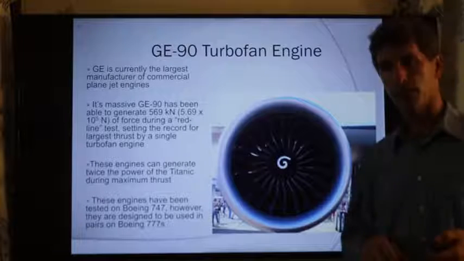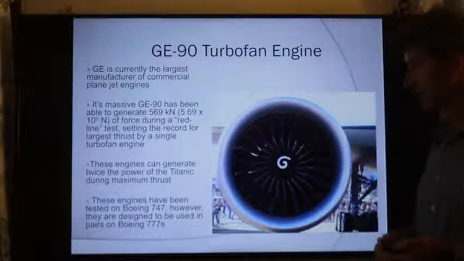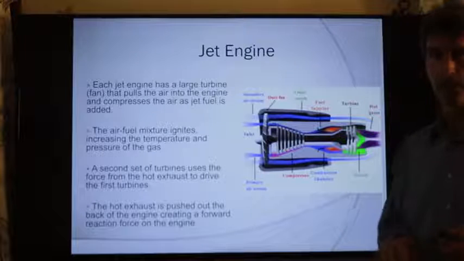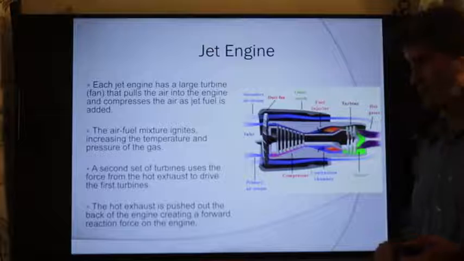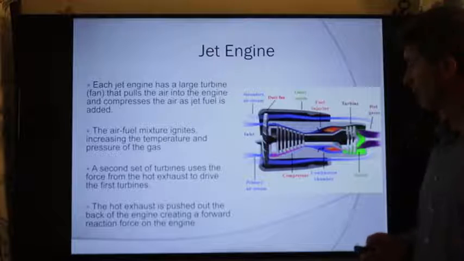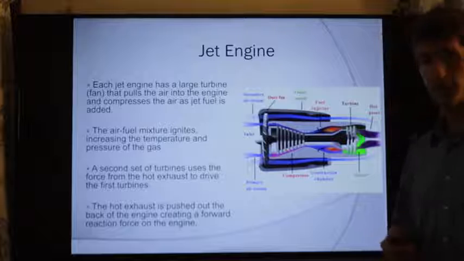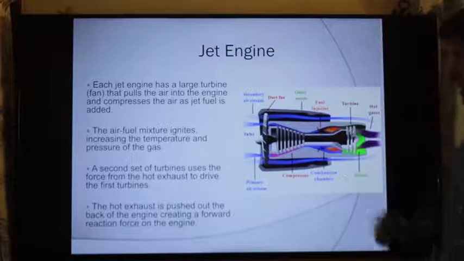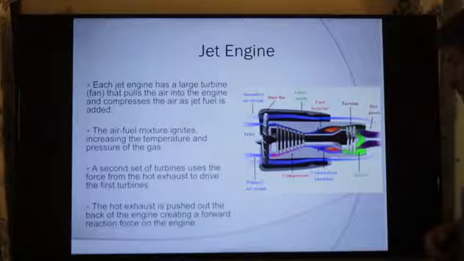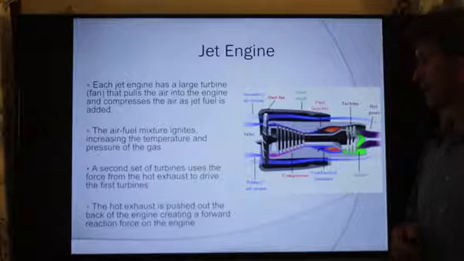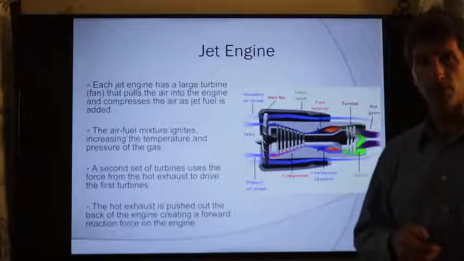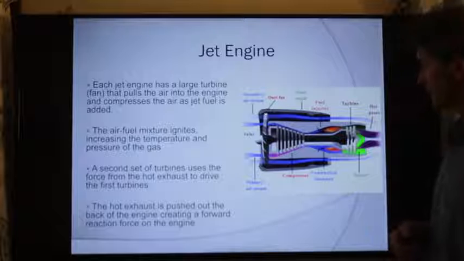These only operate up to a certain altitude before the internal combustion in the engine fails because you can't get enough oxygen in there. There's some jet engines that are actually designed to fly at even higher altitudes by compressing the air even more, but again, you're pretty much limited by where the atmosphere ends.